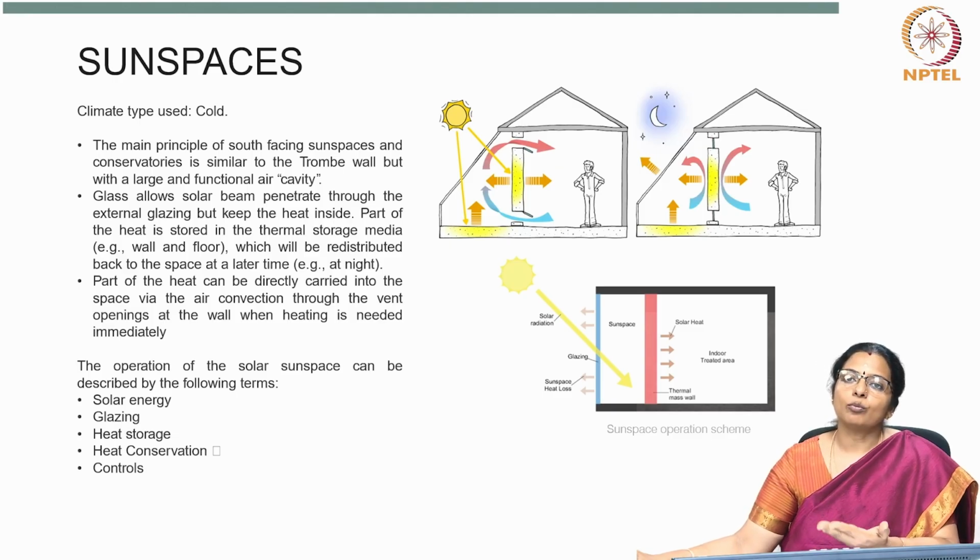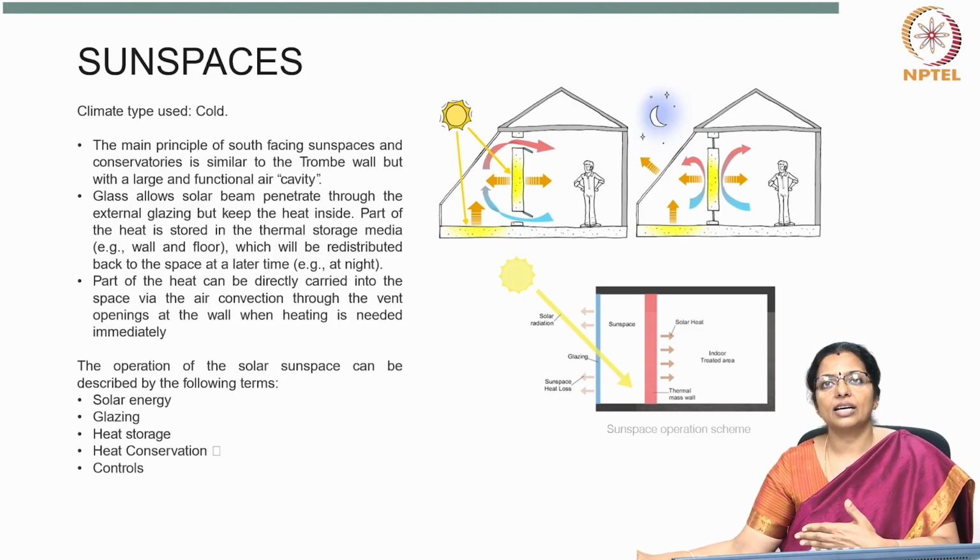Then you could have movable insulation. The insulation can be placed on glass during the night time outside or inside the sun space glazing in order to prevent the heat flow to the exterior and therefore capitalize on a higher amount of the stored heat produced during daytime.